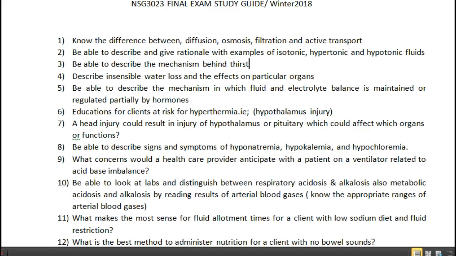If the plasma osmolality increases, the blood volume decreases.